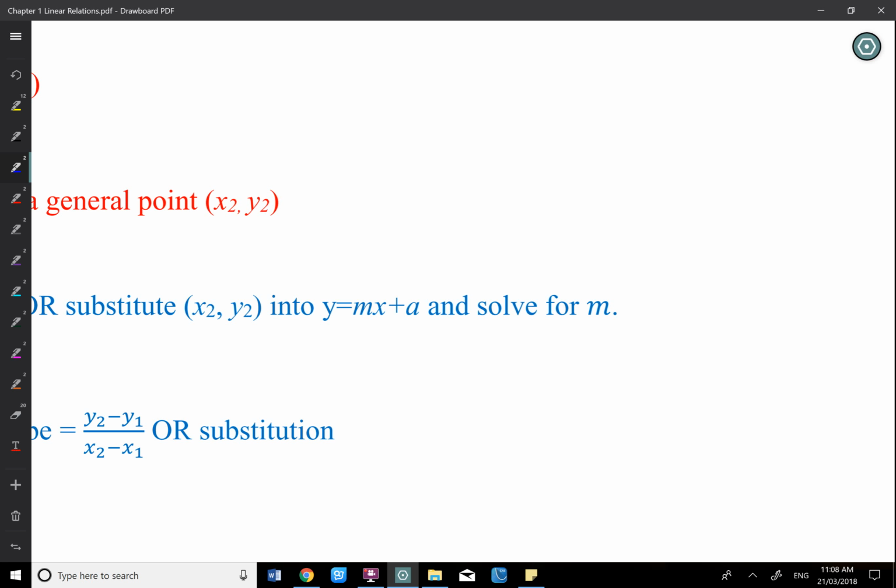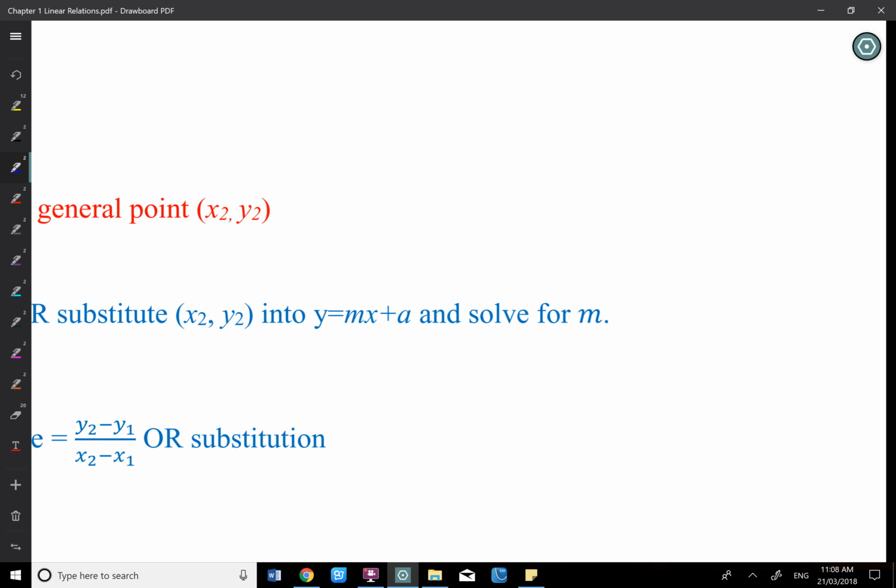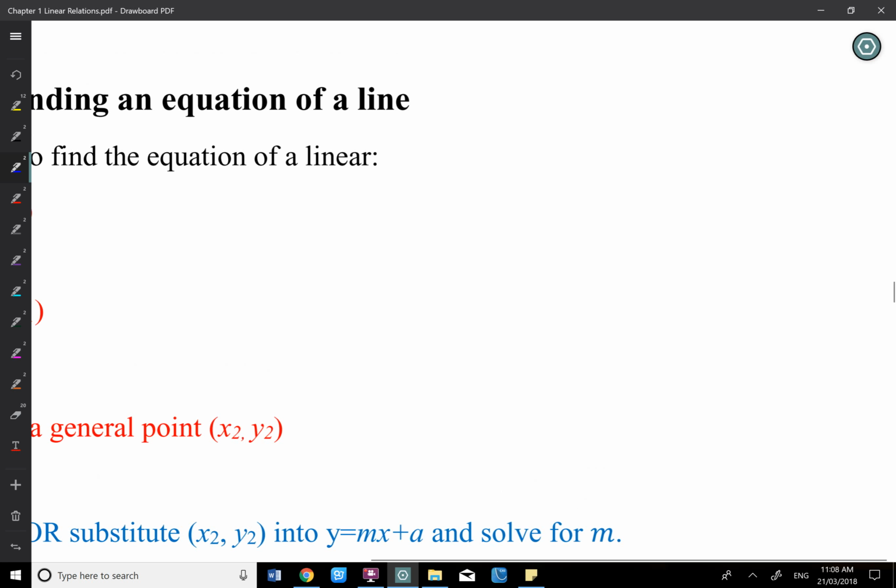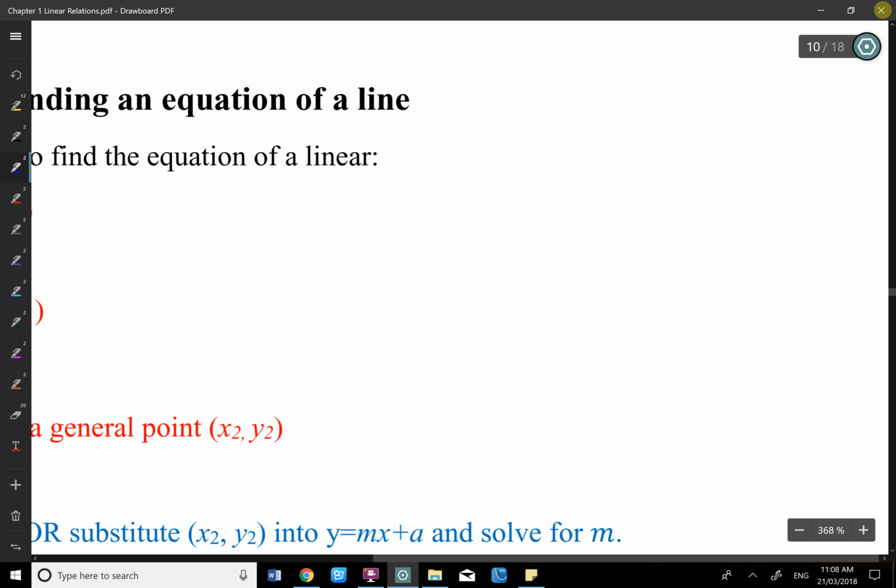So the first question we want to know is, do we have the gradient or not? Do you know the gradient m?